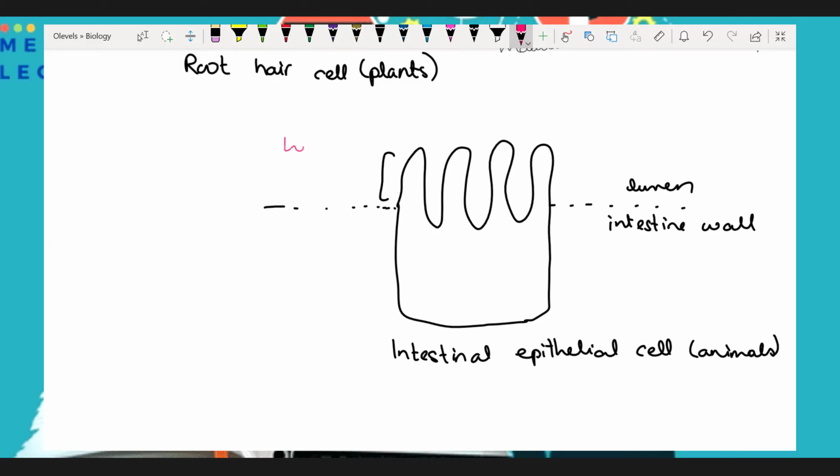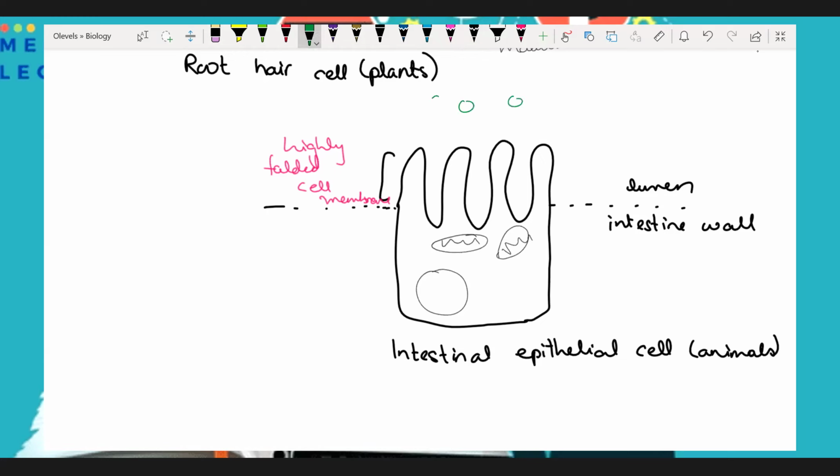It is a highly folded cell membrane. This is the nucleus. Here we have the mitochondria as well. So what do we have here?